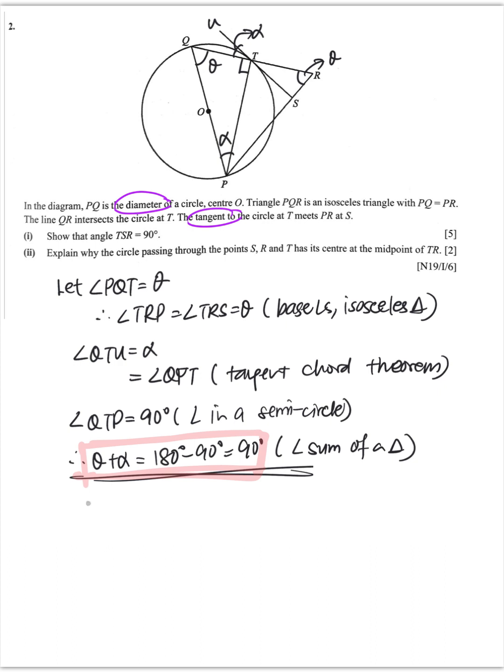And then angle RTS is equal to angle QTU, right? QTU is equal to alpha, vertically opposite angles. Okay, so this is equal to alpha.